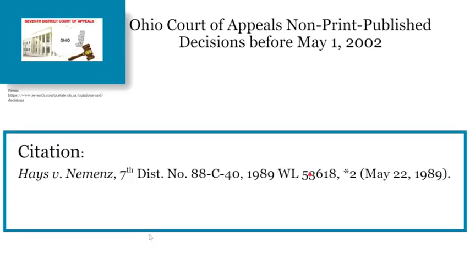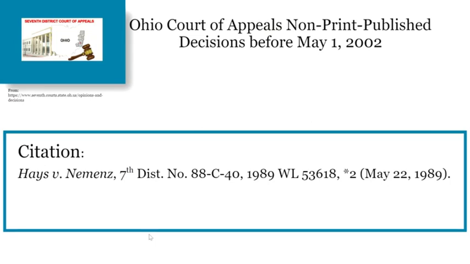Okay. So now, Ohio Court of Appeals non-print published decisions prior to May 1st, 2002. So this citation here is telling you that Hayes v. Nemens is a 7th District Ohio appellate case from May 22nd, 1989, with the assigned number of 88-C-40.